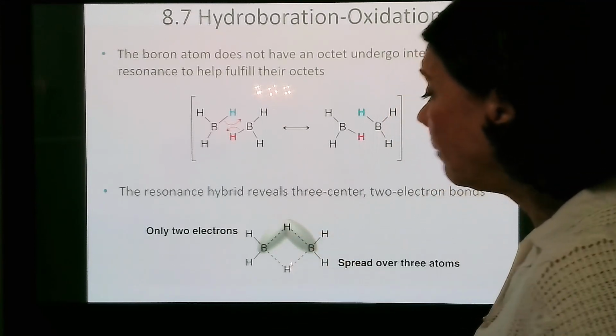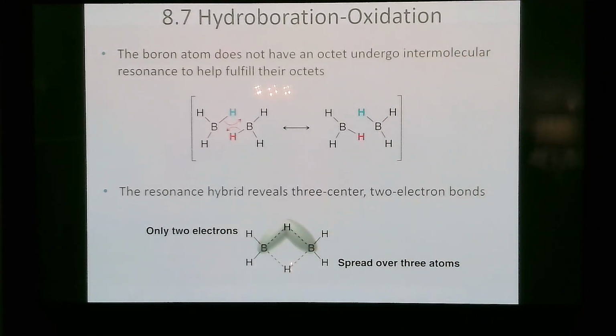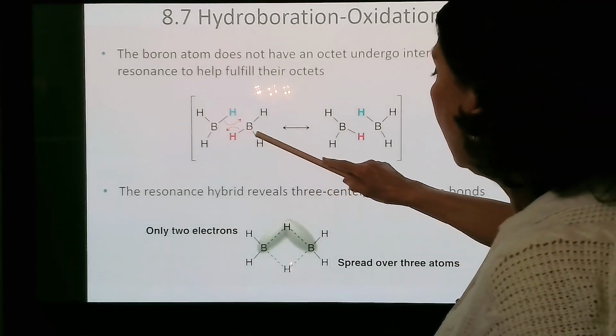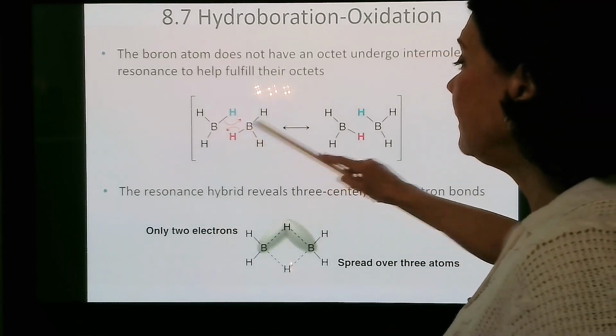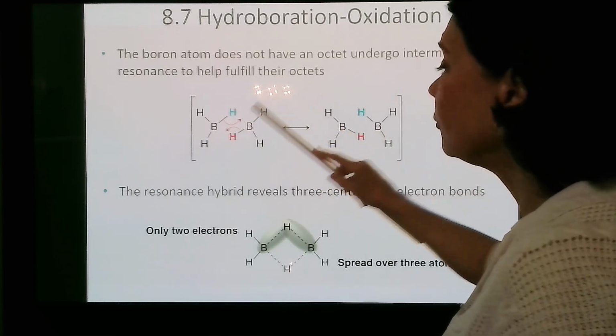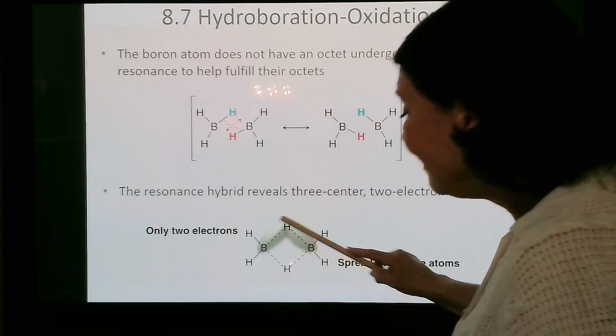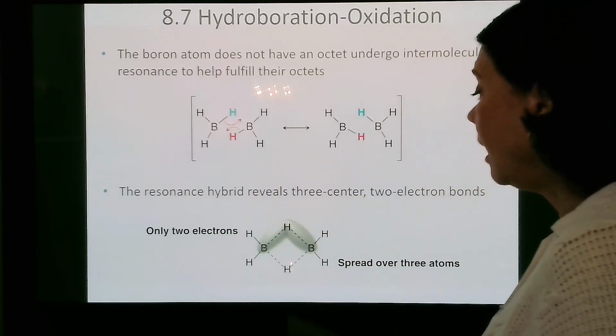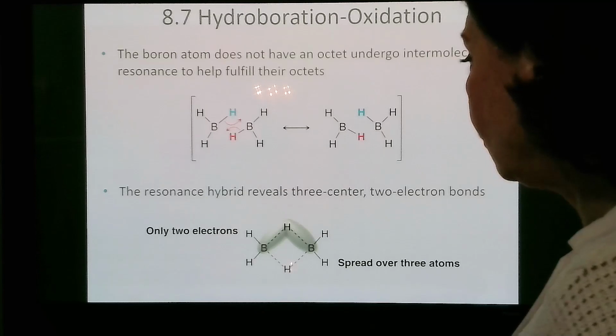So this is one molecule. It's a dimer. And so you could also draw it like this, where, again, these are 2 different resonance contributors. They contribute equal amounts. This is, I think, a better picture of the actual molecule.